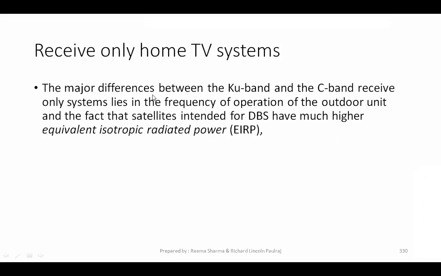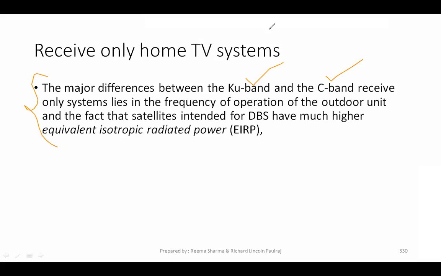The major difference between Ku band and C band receive-only systems lies in the frequency of operation of the outdoor unit and the fact that satellites intended for DBS have much higher EIRP. So if a question is asked to differentiate the Ku band and C band, this is going to be your answer.